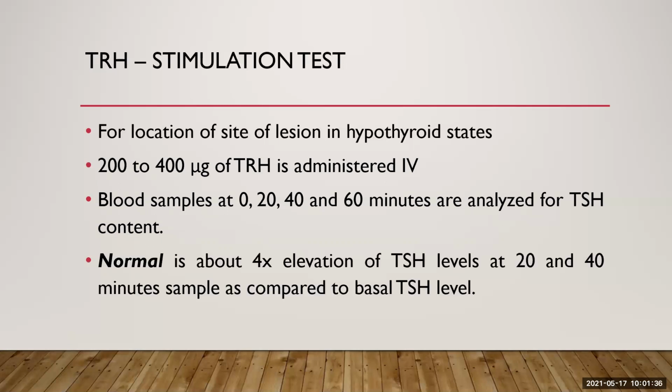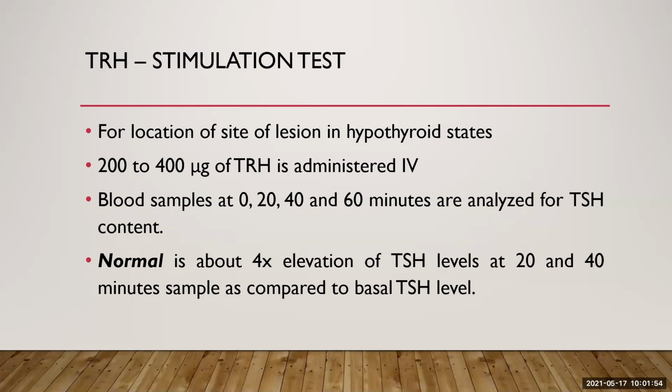Normal condition is seen when about 4 times elevation of TSH levels can be seen at 20 and 40 minute intervals as compared to basal TSH level. The sample that we collect at 0 minutes acts as our basal or control limit.